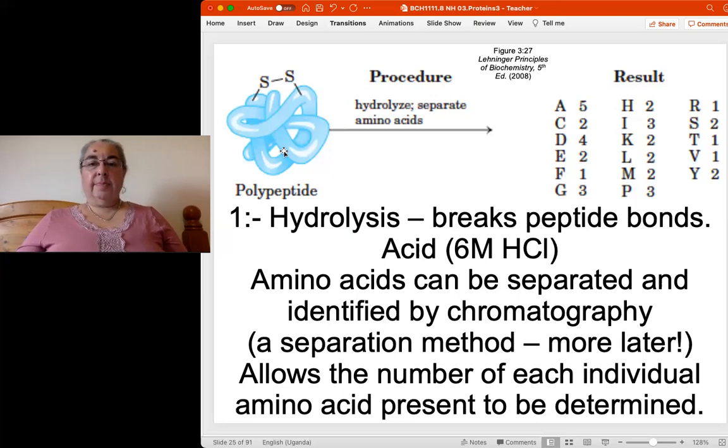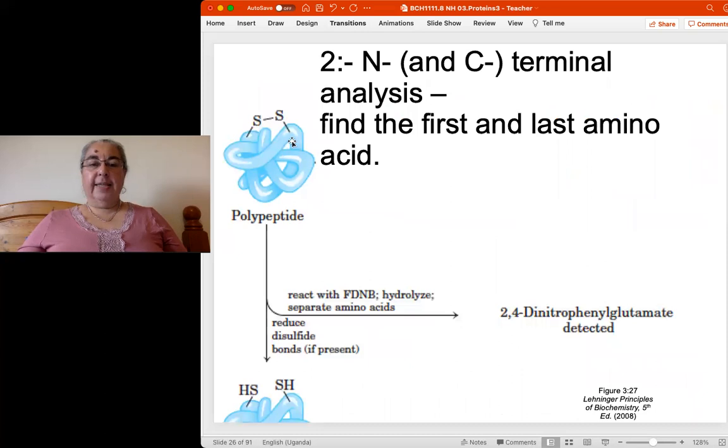Okay, so the second step: because we've destroyed the first sample we had with hydrolysis, we go back to a sample of the original protein. The next thing we want to do is to find the first and last amino acid.